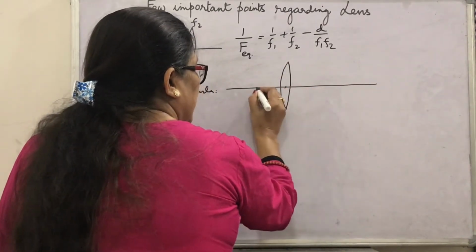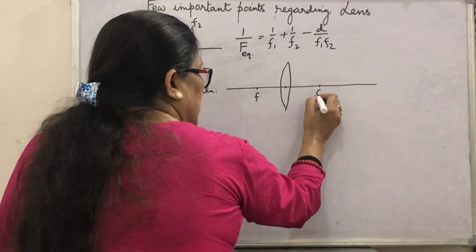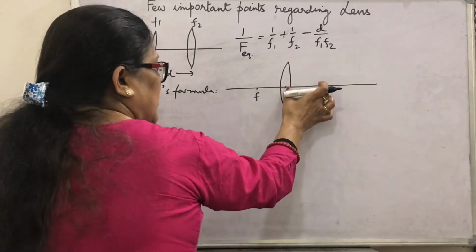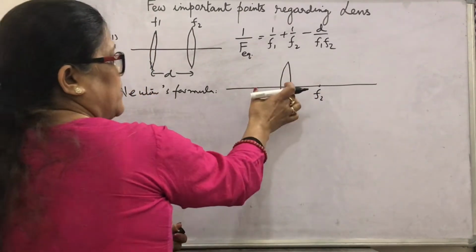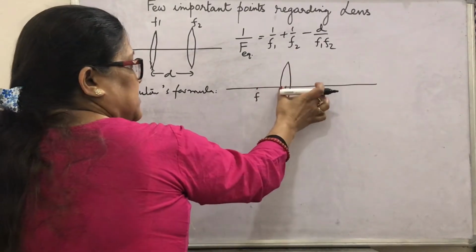I have taken the biconvex lens having both radii of curvature equal. This distance is equal to this one.